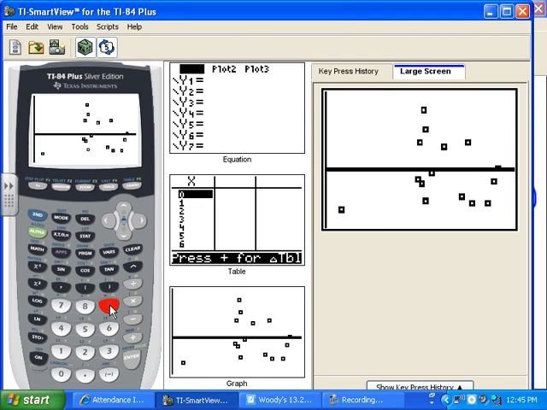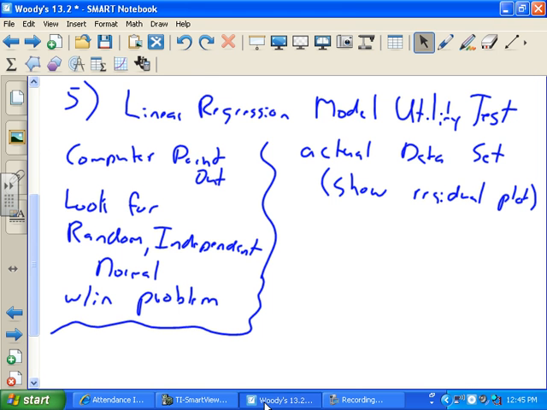Your residual plot should look something like that. It doesn't have any patterns in it, so you're good. If they give you a data set, just sketch that residual plot and say it doesn't have patterns, or talk about patterns within it. You justify your assumptions by referencing the residual plot.